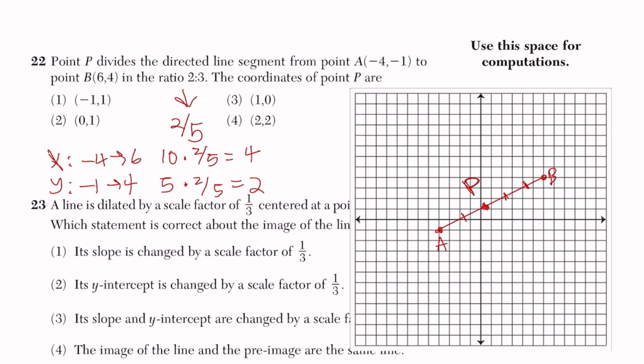So all A needs to do is travel 4 units to the right and 2 units up. So we are starting from point A, -4, -1. It needs to travel 4 units to the right, which means it's +4, and then 2 units up, which is +2. So that makes the final coordinates of P to be 0, 1. So the answer is number 2.